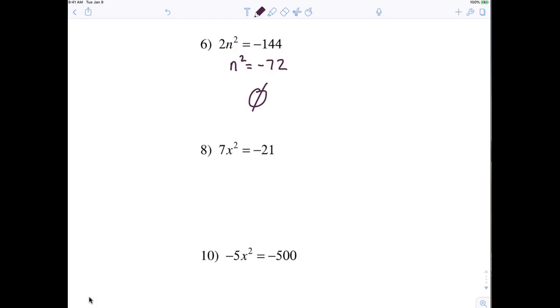When you take Algebra 2, they will introduce imaginary numbers, which can be the square root of a negative. But for us right now, we simply say that there is no number squared that will be negative. So it is no solution. Any questions? All right. So number 8, everybody should be able to look at number 8 and say that's obviously no solution as well.